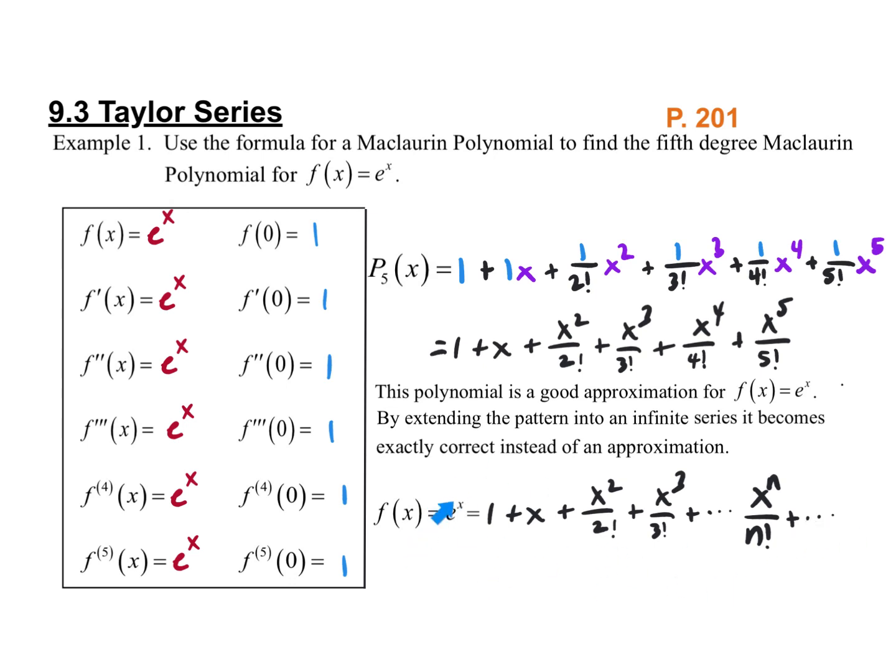When you go infinitely, it will equal e to the x. All right, so let's talk about the actual Taylor series, because this is a Taylor series expansion for e to the x. This is a Taylor polynomial, a fifth degree Taylor polynomial.